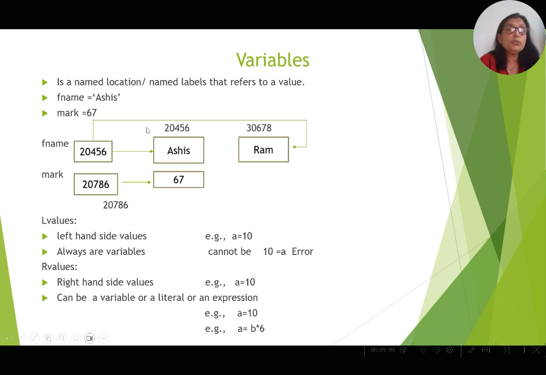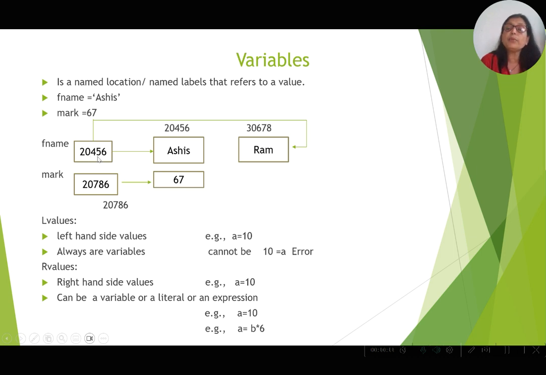Look here, there are two variables, fname and mark. fname means your first name is Ashish and the mark is 67. Ashish is stored in the memory location whose address is 20456. So fname is a location in the memory which will store the address of where the value is stored, 20456.